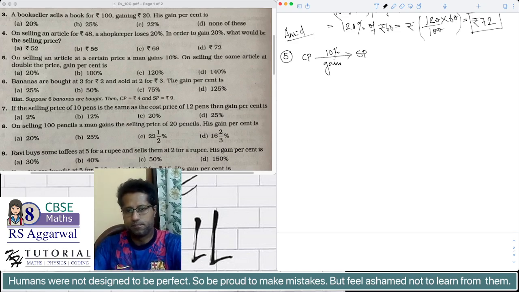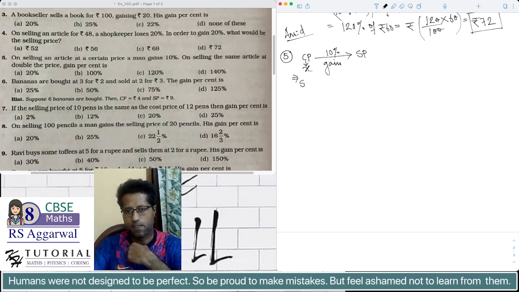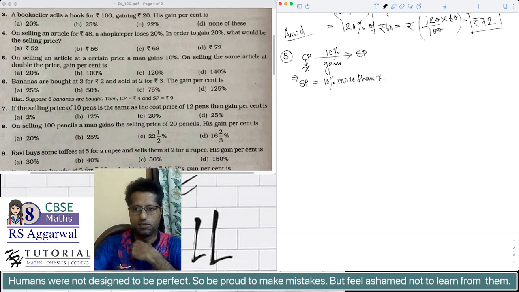So we can say, let's say the CP is X. I'm ignoring the unit of the currency. Now this implies there is a gain of 10%. We can say SP will be equal to 10% more than X, which is the CP.